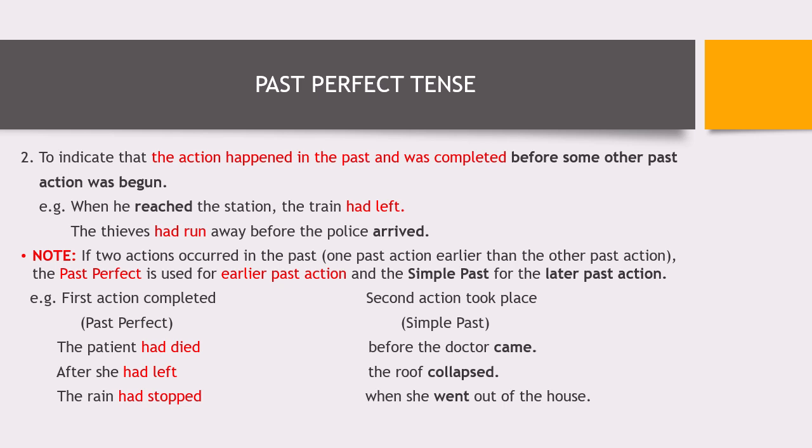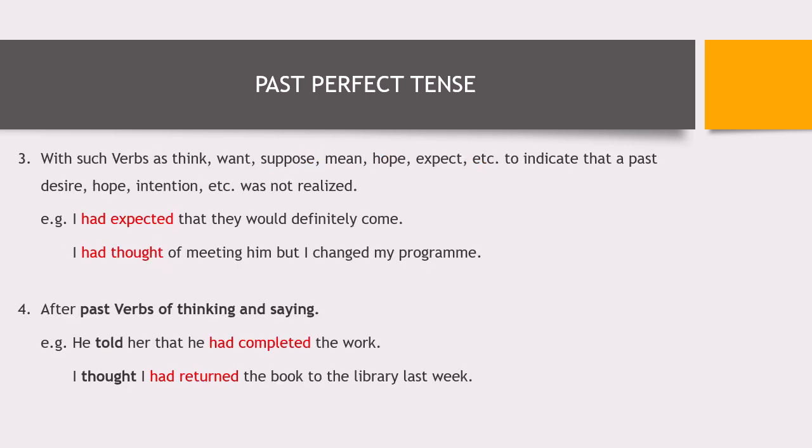3. The rain had stopped when she went out of the house. Here, the rain had stopped is the first action completed, and hence, the past perfect is used. When she went out of the house is the second action that took place, and hence, the simple past is used. Past perfect tense. 3.